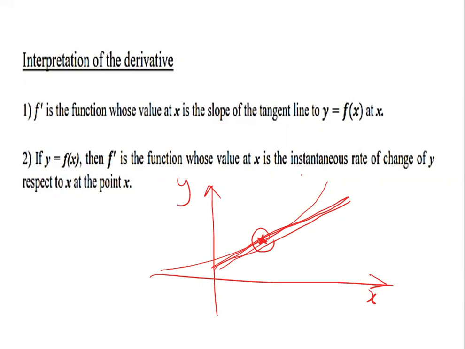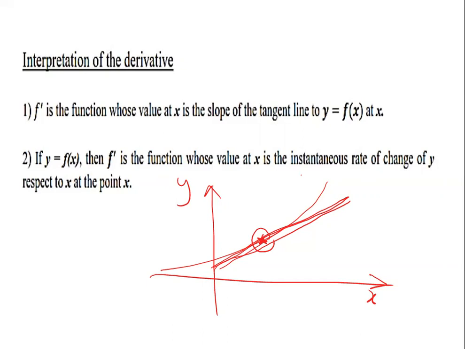But before we go into using this definition to study rates of change and so on, what we need to do is use the formula that Newton and Leibniz came up with to differentiate some very simple functions, or find the derivative of some simple functions.